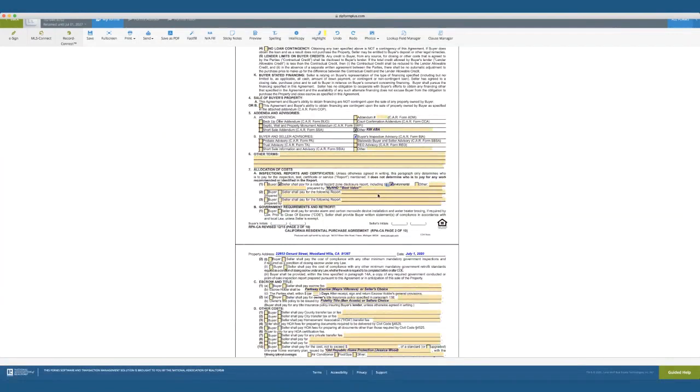Why? Because once you put termite as a part of the residential purchase agreement, the lender is going to see that. So in order for that property to be transferred, they're going to want to see a termite clearance. Well, there may be like $5,000 worth of repairs that have to be done related to termite or wood destroying pests.